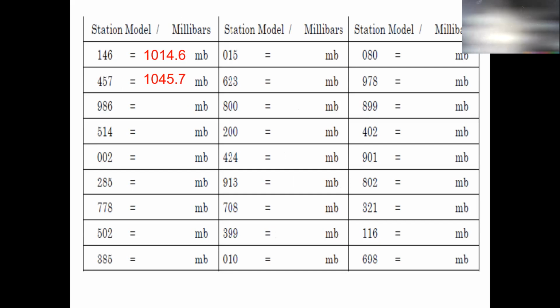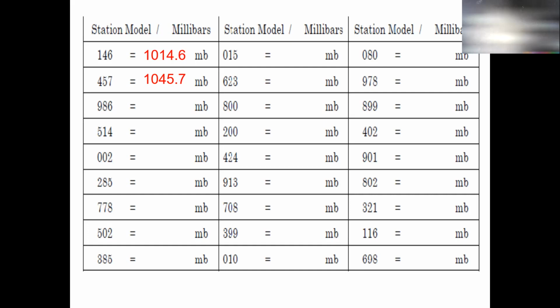And then don't forget, what else do I have to do? Plop a decimal between the last 2 numbers. How about 514? Okay, again, it's 5 and bigger, so they get the 9. And don't forget to put your decimal in.